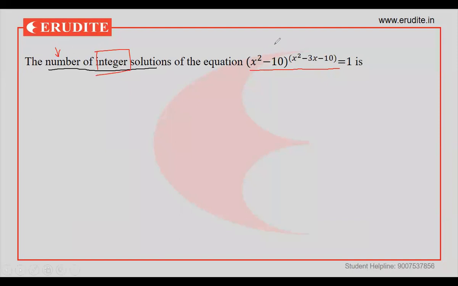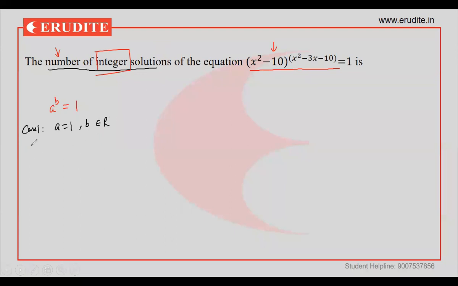And the third thing you have to understand is that this equation is in the form of a power b, and I'm looking for a power b equal to 1. This is possible using three cases. Case number 1 is when a is equal to 1 and b can be any real value.